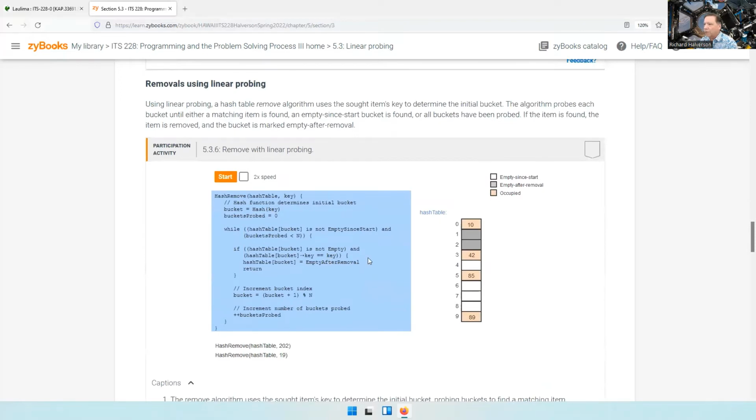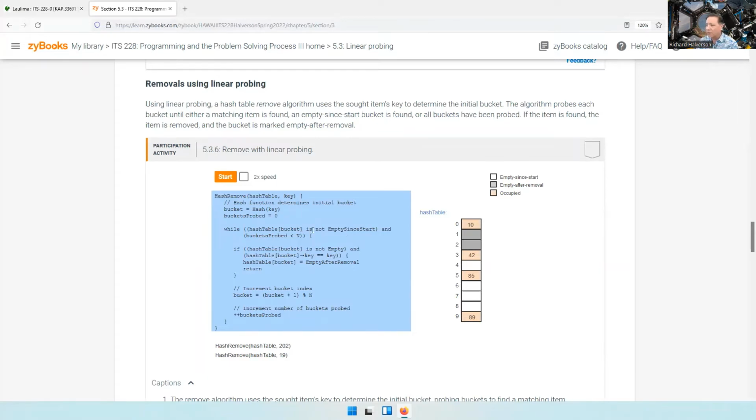Removals with linear probing. First, you want to find it. Hash the key. The condition to stop the loop is that the hash table bucket is empty since start.